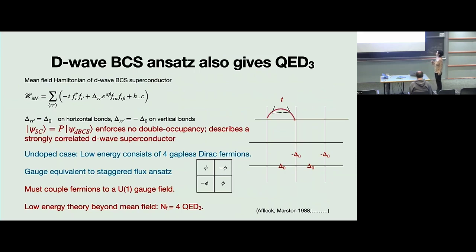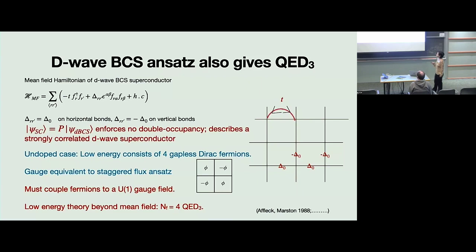Interestingly, we can also take the spin down and put them into a D-wave ansatz to describe a D-wave superconductor. The procedure is to first make a mean field Hamiltonian for the spin down, where we include the spin-down pairing that changes sign under 90-degree rotation, corresponding to D-wave pairing.